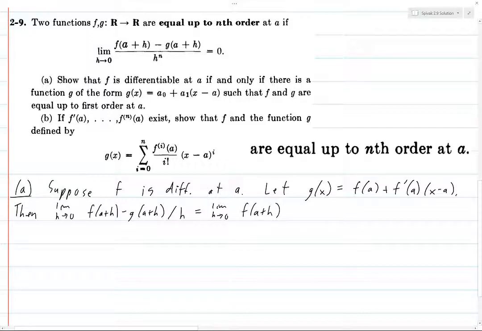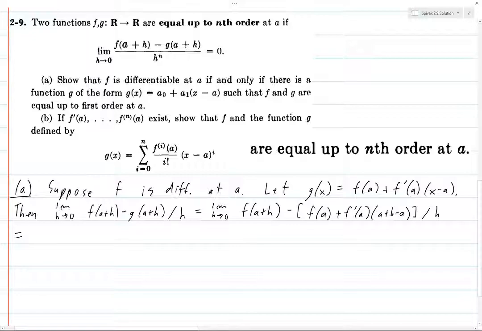Now g of a plus h is, let's see here, so we're subtracting f of a plus f prime of a times a plus h minus a over h. And we look at a plus h minus a and we say, aha, this is just h.